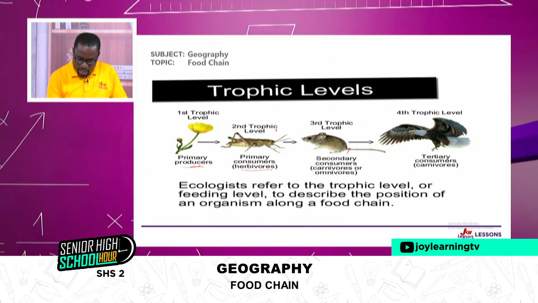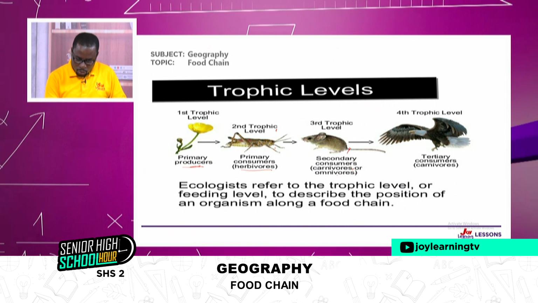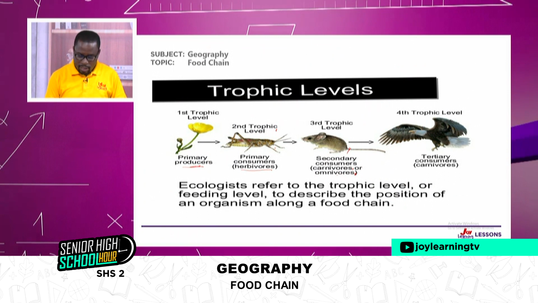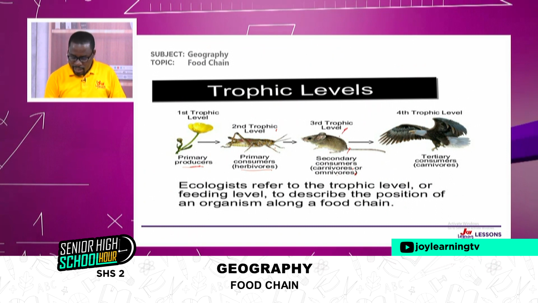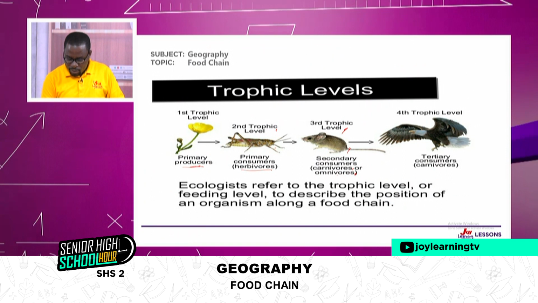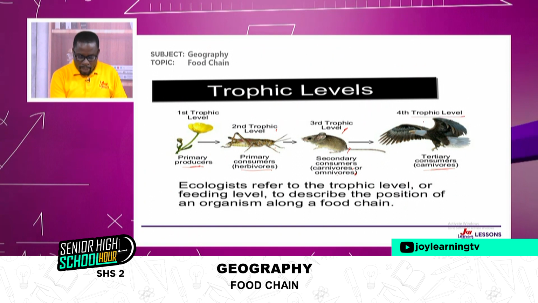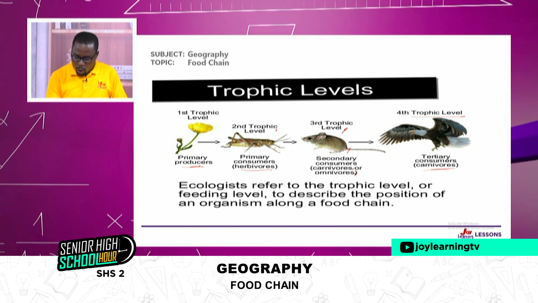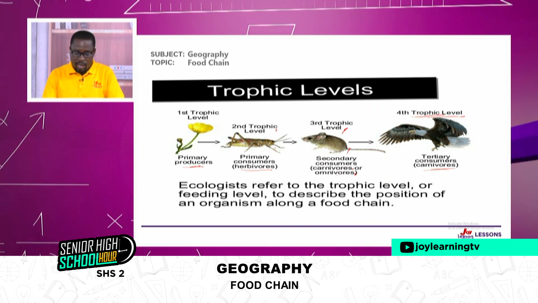And then these carnivores are secondary consumers. So the rat falls under carnivores, and it also falls under omnivores, meaning it can digest both plants and animal tissues. In other words, it can feed on both plants and animals. So the rat will be on the third trophic level. Then the tertiary consumers, carnivores, on the fourth trophic level. So per these organisms, the hawk will be on the fourth trophic level.